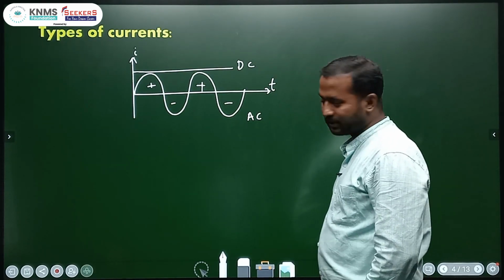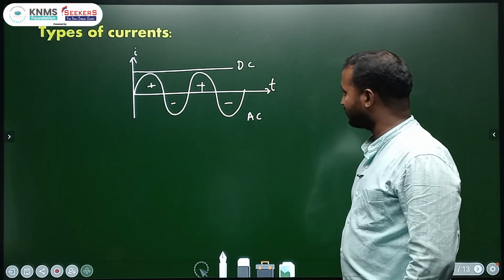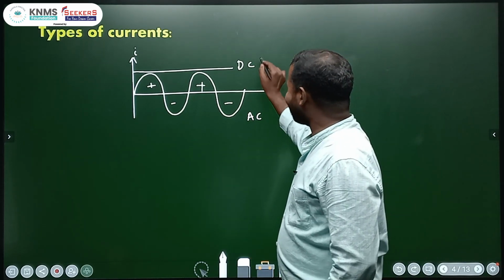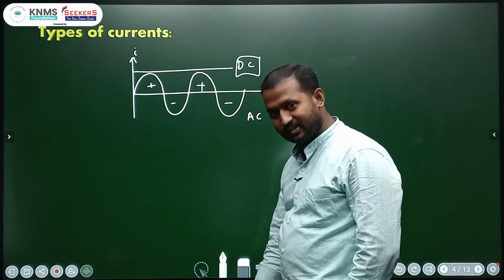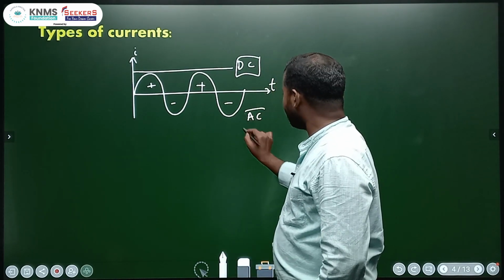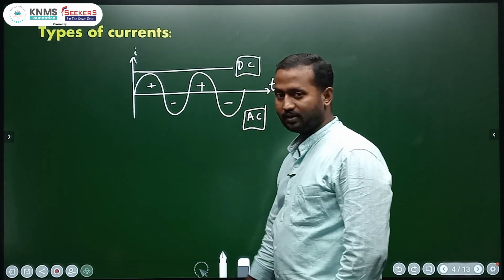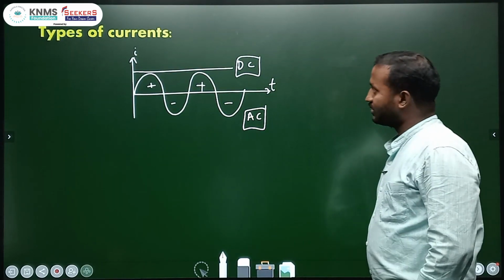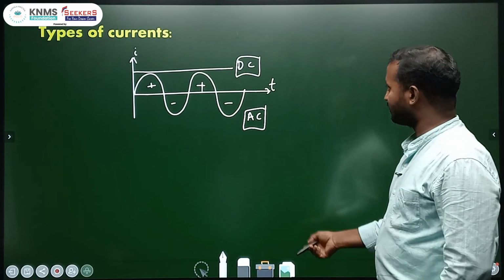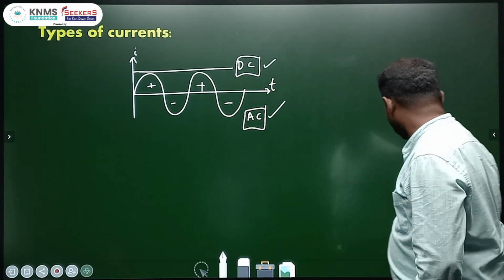We also have variable currents and pulsating currents, which are not in our syllabus. Essentially, direct current does not change its polarity, whereas alternating current changes its polarity as a function of time. In our syllabus we have only these two.